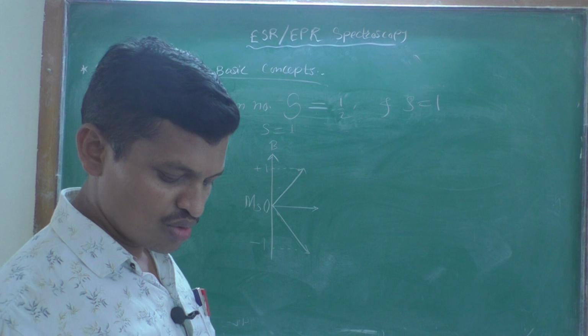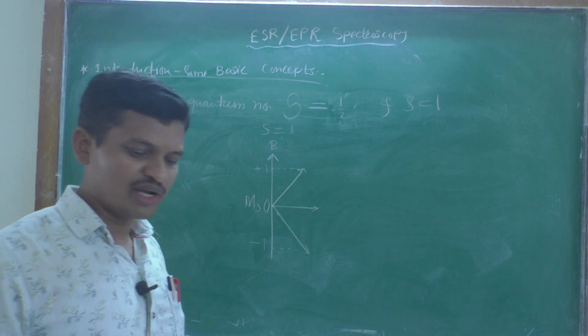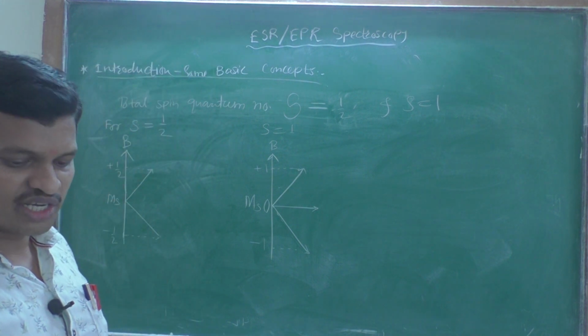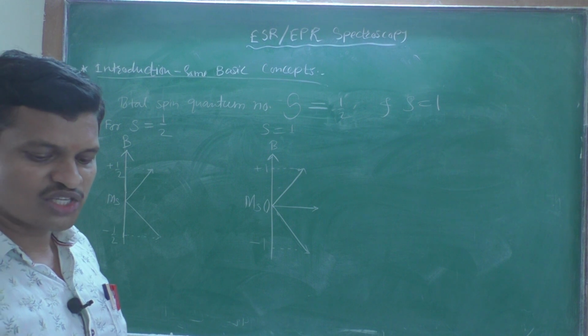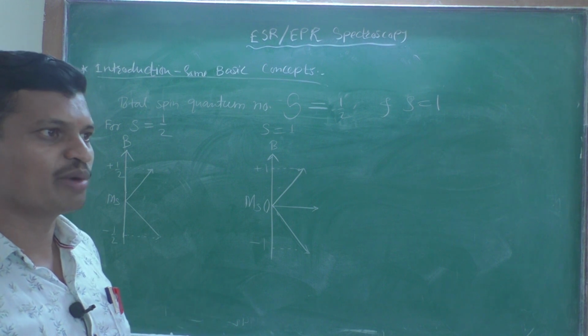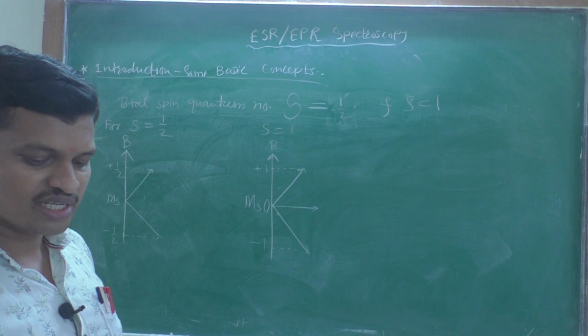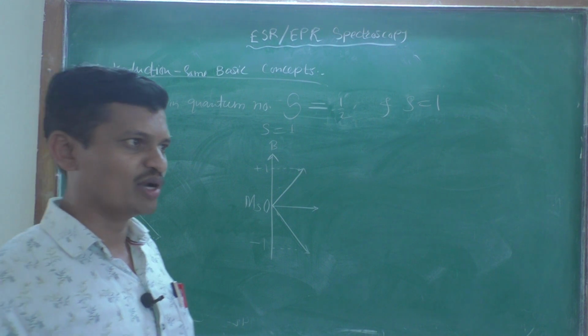Okay, now the magnetic moment generated from an electron spin is related to the spin angular momentum.